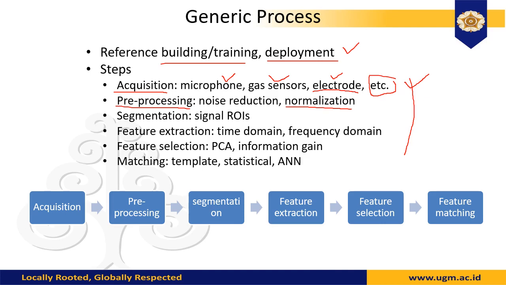So we have to normalize that. Another possibility is that we have, for example, a voice recorded with 8 kilohertz sampling and 16 kilohertz sampling rate.